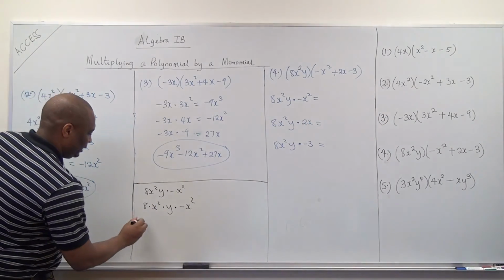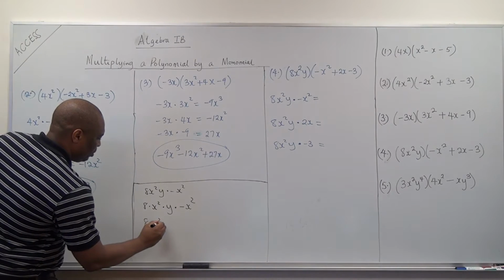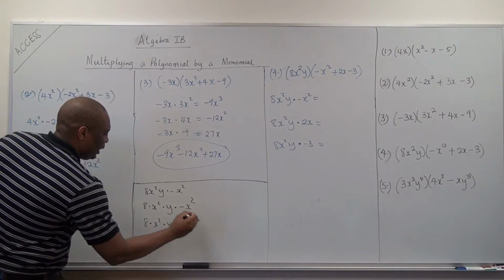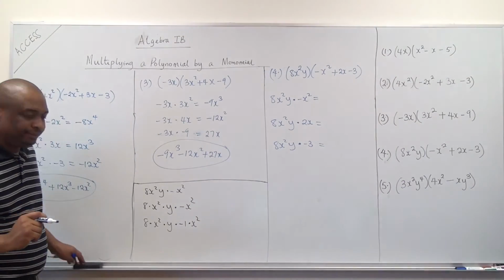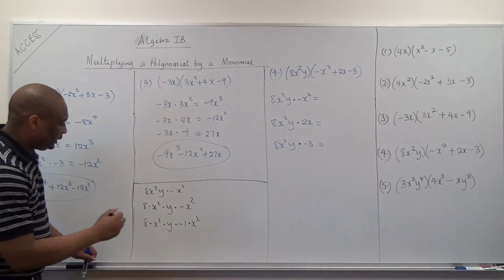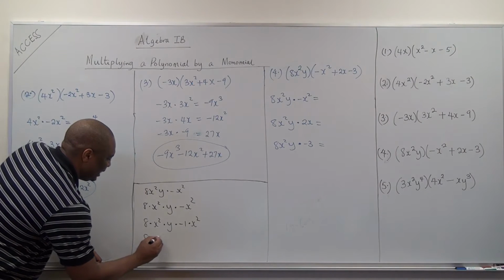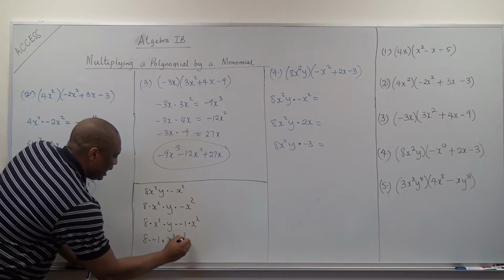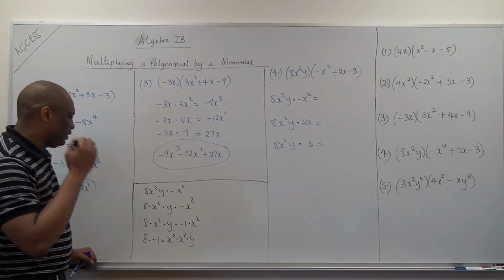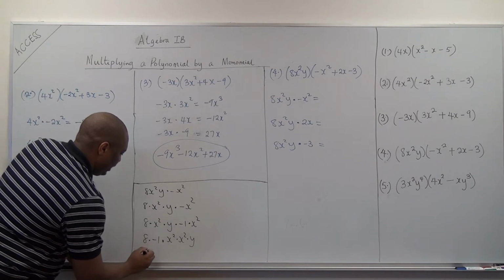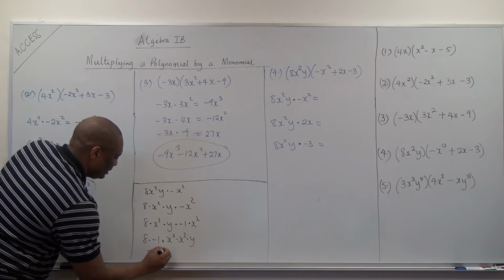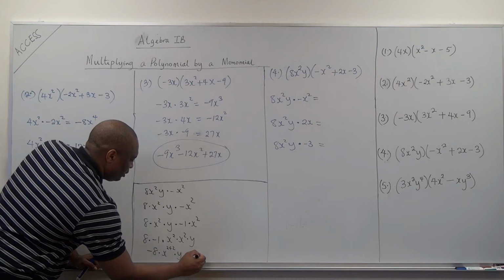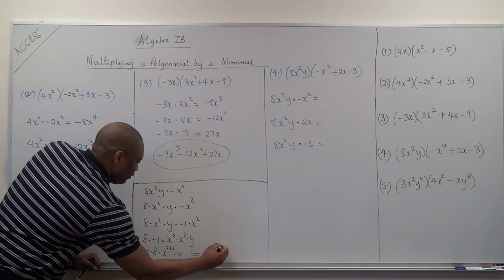So we split it again. 8 times x squared times y times negative 1 times x squared. So this is now 8 times negative 1 times x squared times x squared times y. And this will give me negative 8 times x, 2 plus 2, times y. And that will now give me negative 8x⁴y.